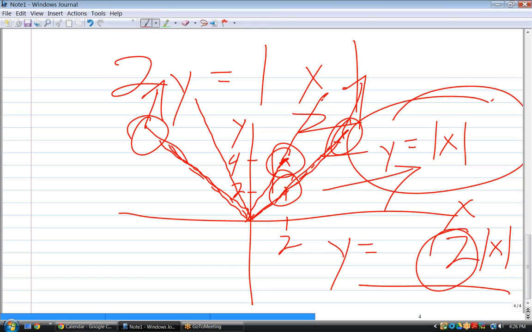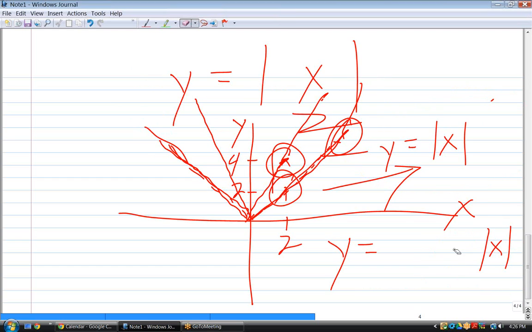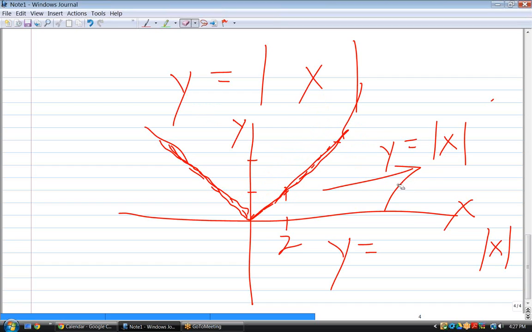The only other thing that we haven't really talked about is what happens if you put the number inside the parentheses. We've talked about 5 of the 6 things you can do. There's one last thing to do to translate these functions, and that is if I put a number inside, like that.